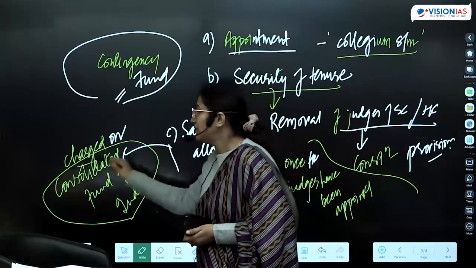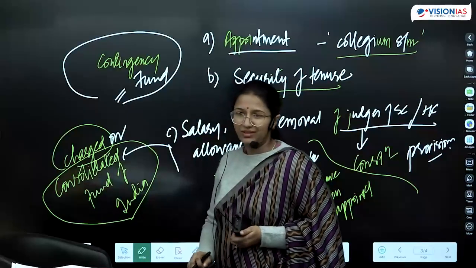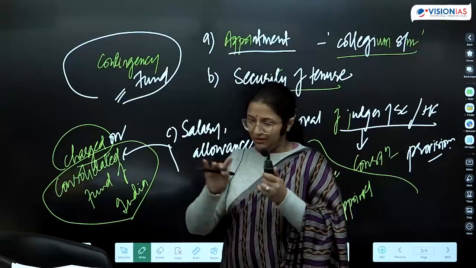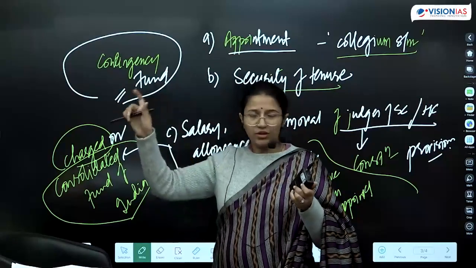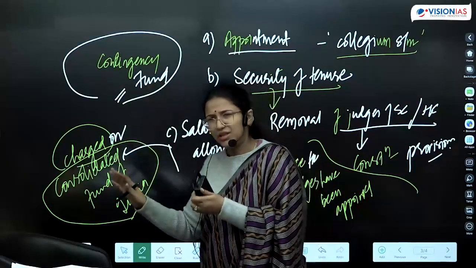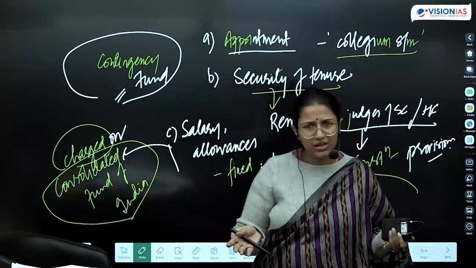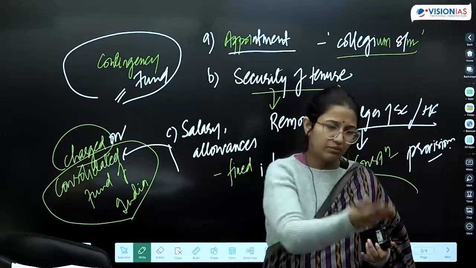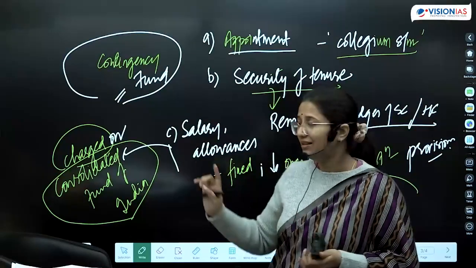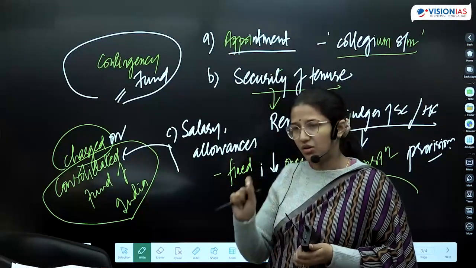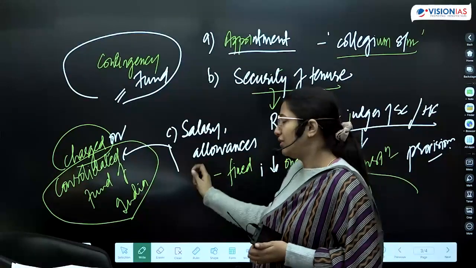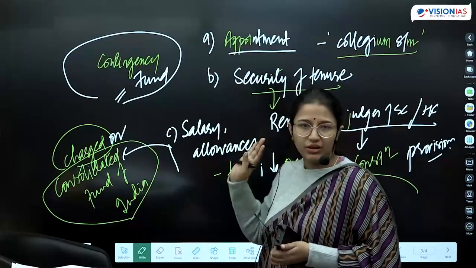That means they are non-votable. Every year, depending on the number of judges in the Supreme Court and the High Court, the pension and allowances are all calculated, fixed numbers, ये calculate हो जाता है और ये Parliament को बस बता दिया जाता है, this much amount is going to be spent from the consolidated fund on account of salary, pension and allowances for the judges.